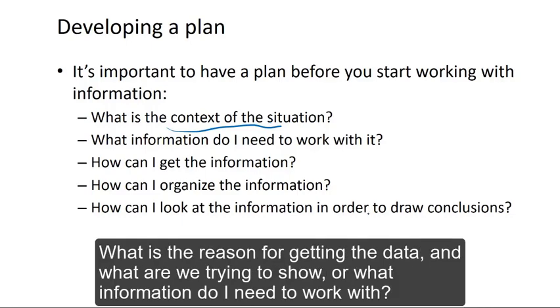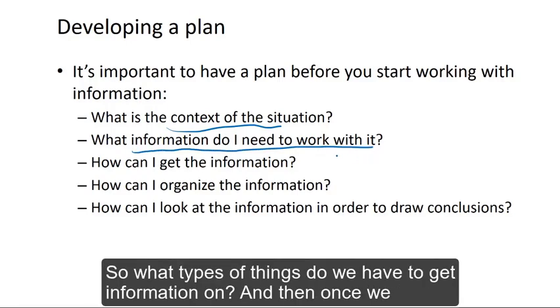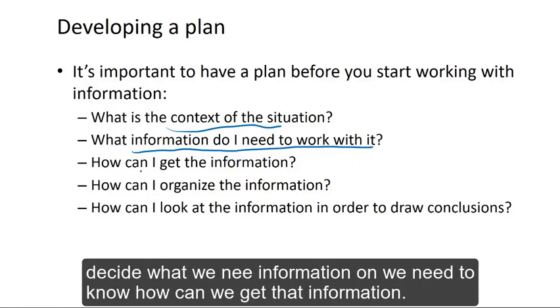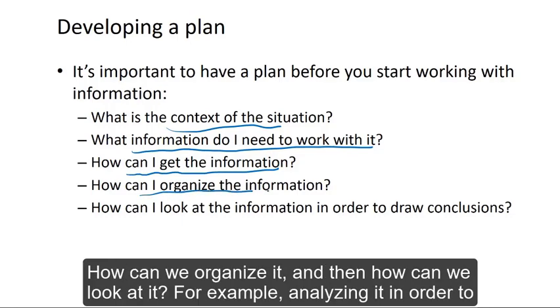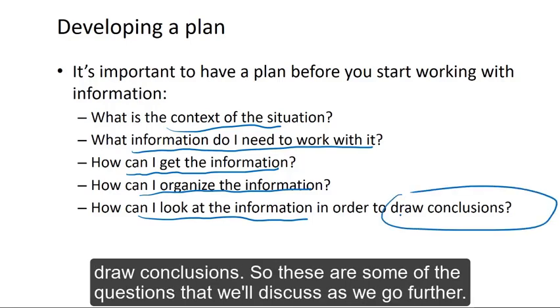What is the reason for getting the data and what are we trying to show? Or what information do I need to work with it? So what types of things do we have to get information on? And then once we decide what we need information on, we need to know how can we get that information, how can we organize it, and then how can we look at it? For example, analyzing it in order to draw conclusions. So these are some of the questions that we'll discuss as we go further.